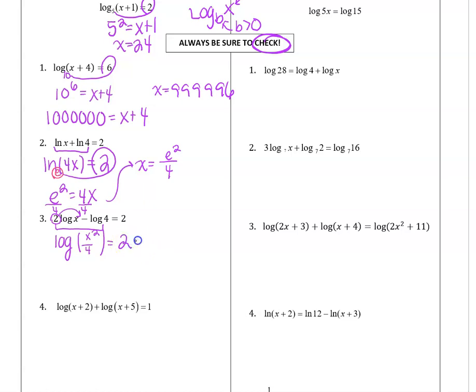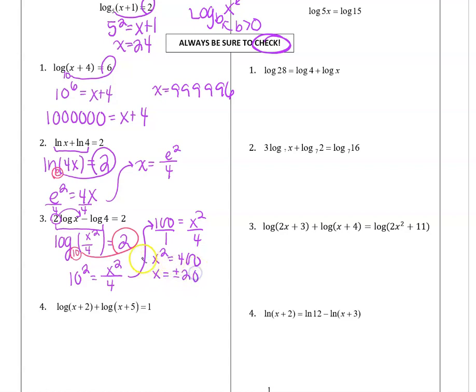Then from there, again, this is a common log, which means it has a hidden little base of 10. So when I lasso to rewrite it, I get 10 squared equals x squared over 4. Now I have 100 equals x squared over 4, so put the 100 over 1, cross multiply, and we get x equals technically plus or minus 20.